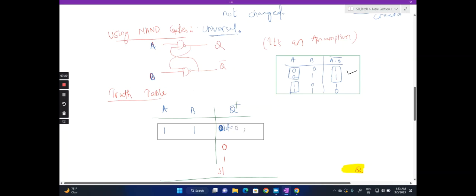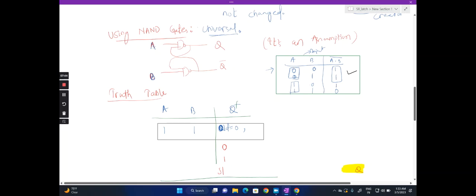Before that, I want to make you notice a point about the NAND gate. When A and B are the inputs to a NAND gate, when A is 0, B is 0, the output is 1. When A is 0, B is 1, it is 1. When A is 1, B is 0, it is 1.